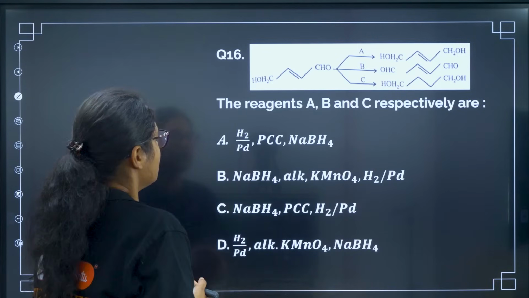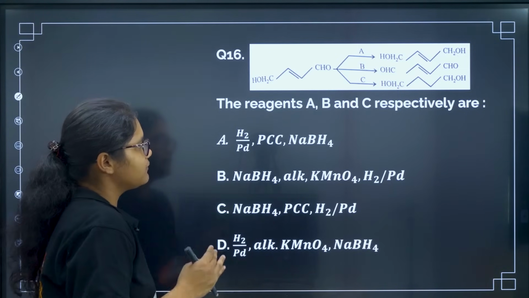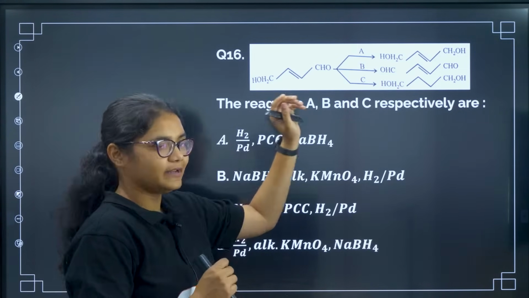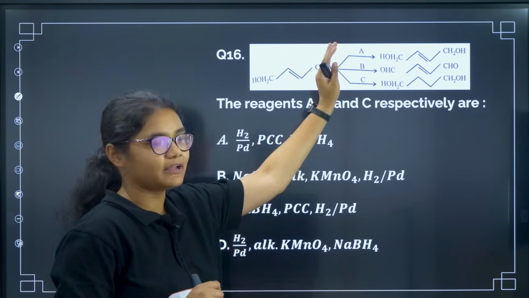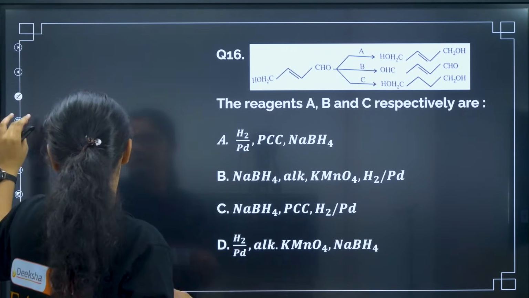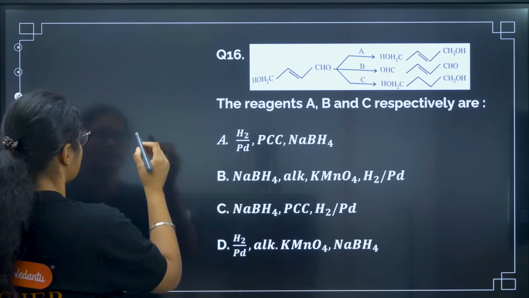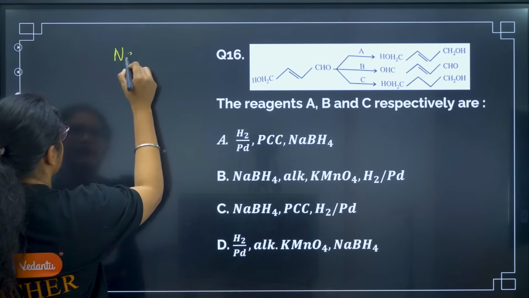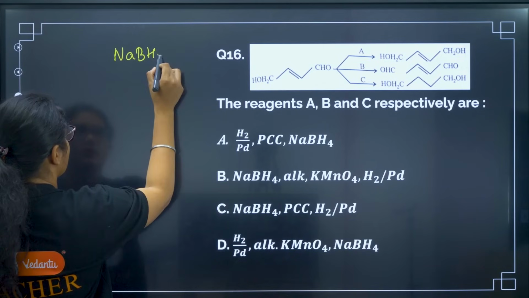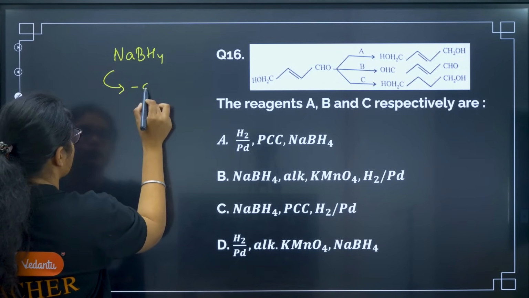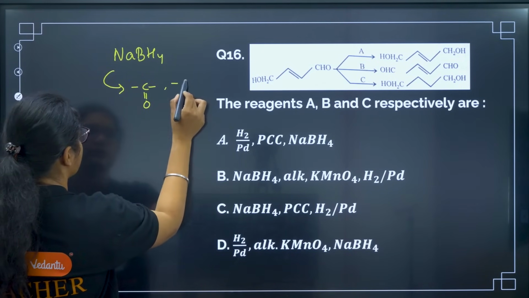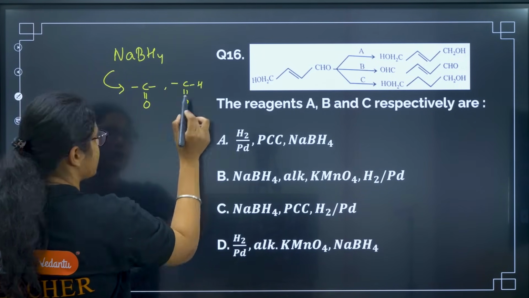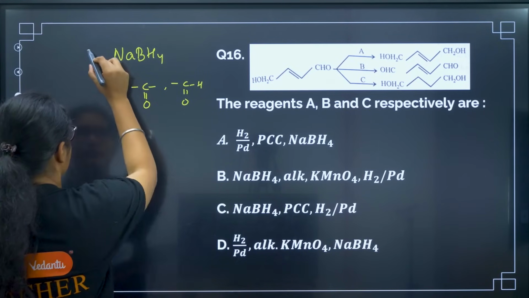Next. Here we have been given the reactant and products, and you have to identify the reagents. It is very important to mark something. First of all, NaBH4 can only reduce ketone groups or aldehyde groups. First of all, keep this in mind.